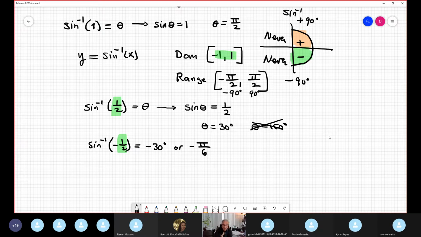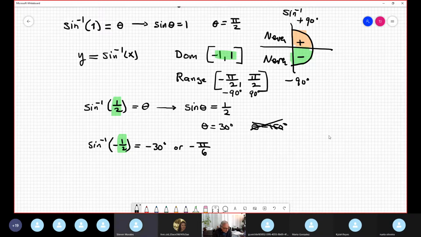Because I make restrictions, and this restriction is possible because I need the one-to-one function. Okay, this is important. I promise you will see every example of miscellaneous problems that combine sine inverse, cosine inverse, tangent inverse, ordinary sine, ordinary cosine. But this is the theoretical part I want to explain now.